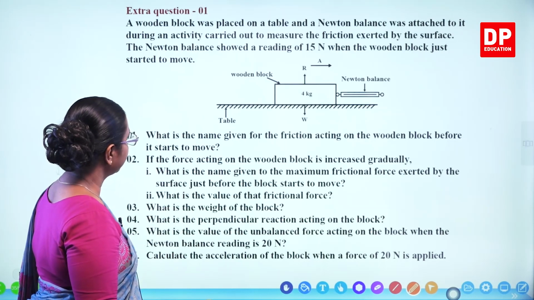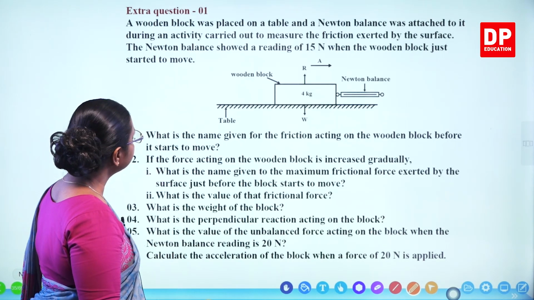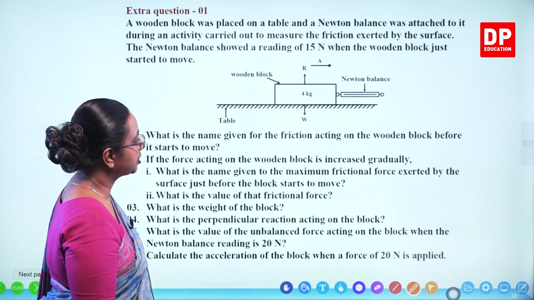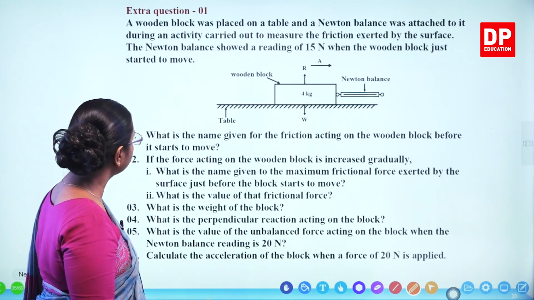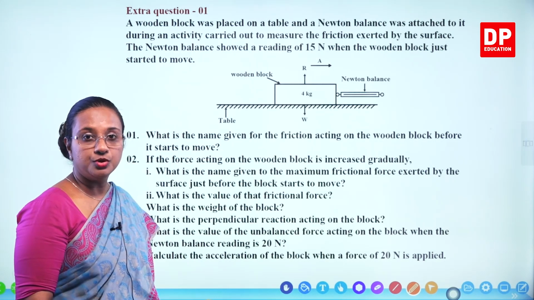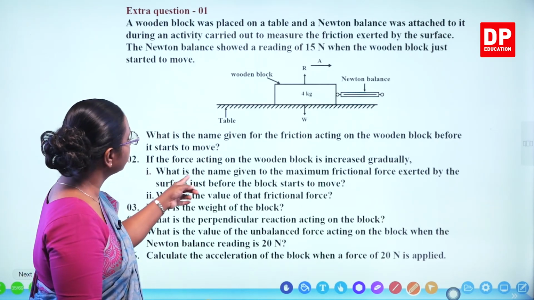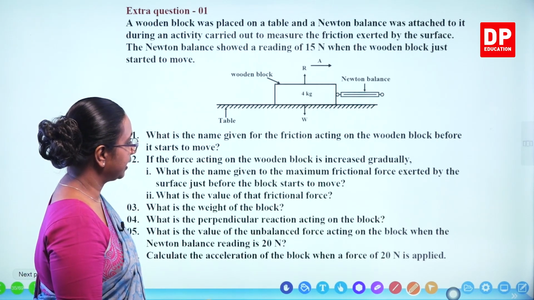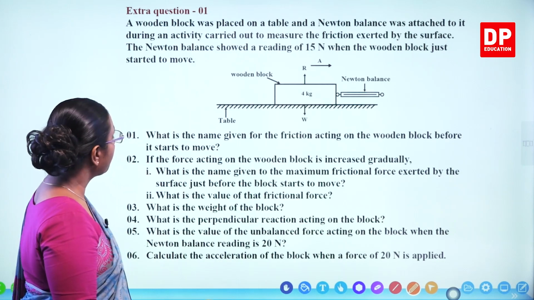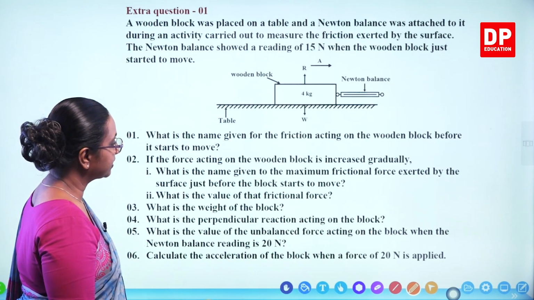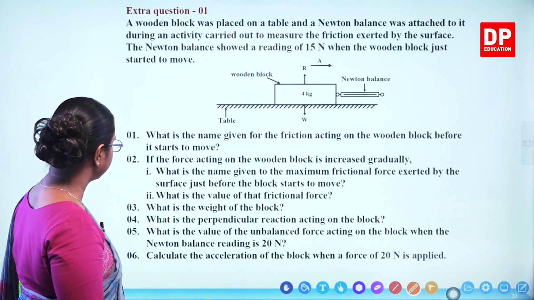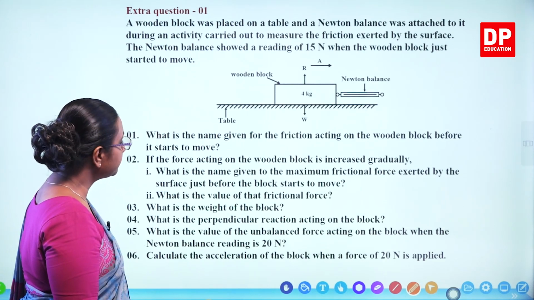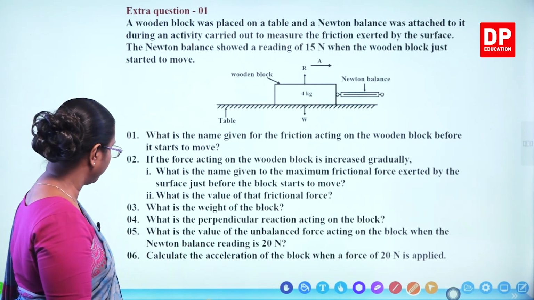And the questions related to this are, what is the name given for the friction acting on the wooden block before it starts to move? If the force acting on the wooden block is increased gradually, what is the name given to the maximum frictional force exerted by the surface just before the block starts to move?